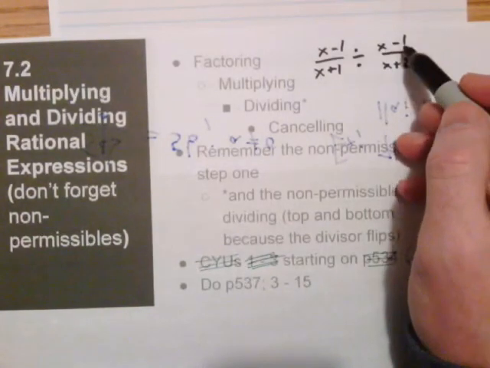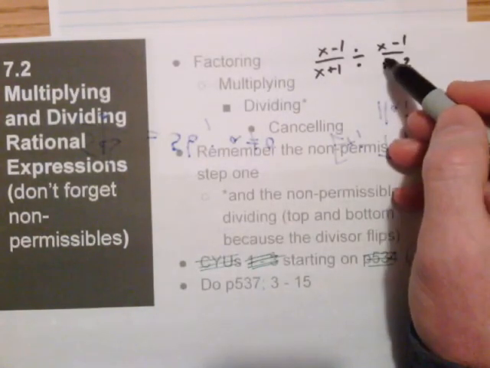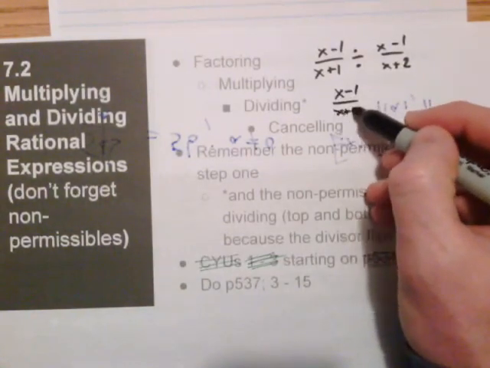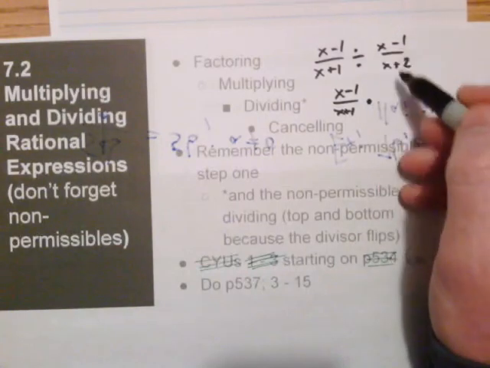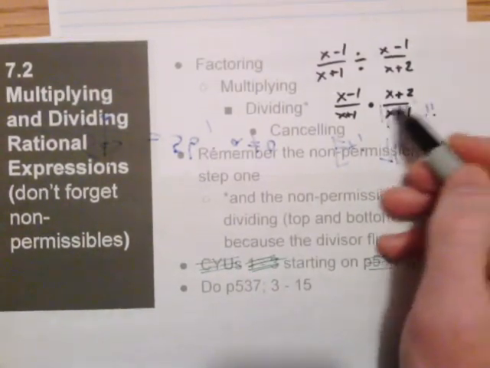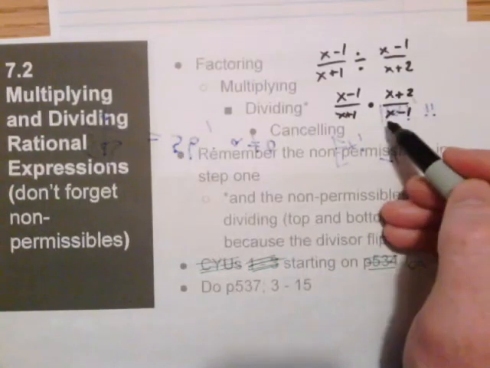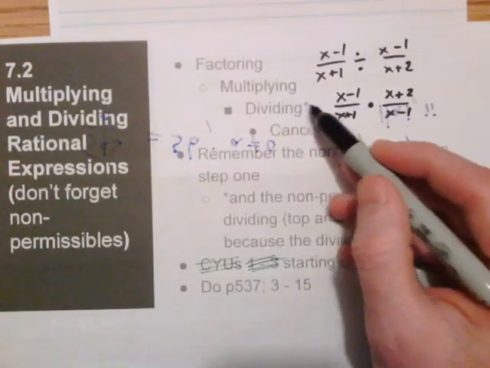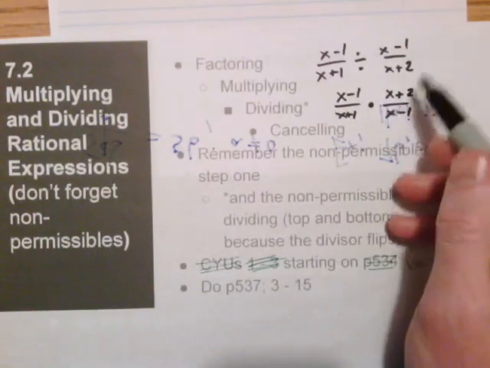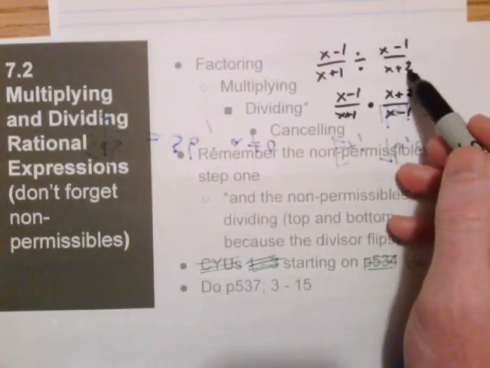But when you divide, you flip and then multiply. So this is going to become x minus 1 over x plus 1 times, and you flip this, x plus 2 over x minus 1. Now, 1 is also a non-permissible. So that's why there's an asterisk there, because it gets tricky. So basically, x can't equal 1, -1, or -2.